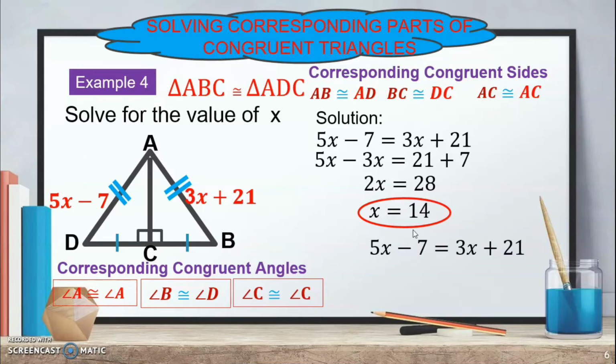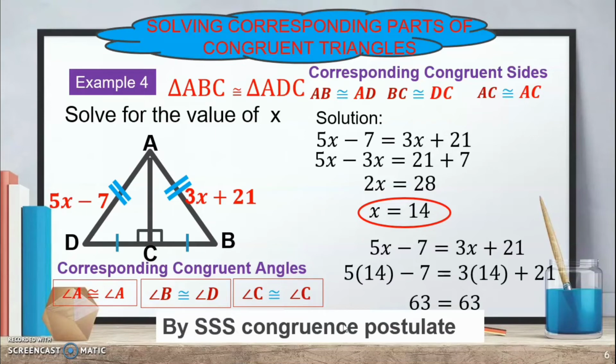So, 5 times 14 minus 7 is equal to 3 times 14 plus 21. 5 times 14 equals 70 minus 7 is equal to 63. So, 3 times 14 is equals to 42 plus 21 is equal to 63. So, tama yung value ng x natin. Nag-equal sila. Pareho silang both side are 63.